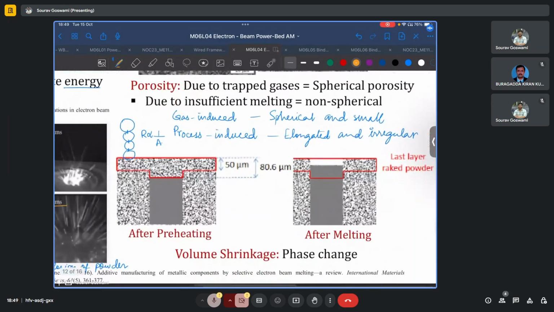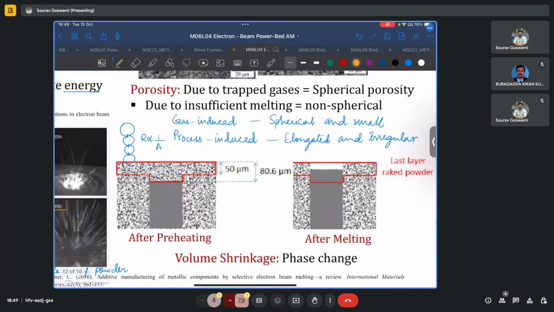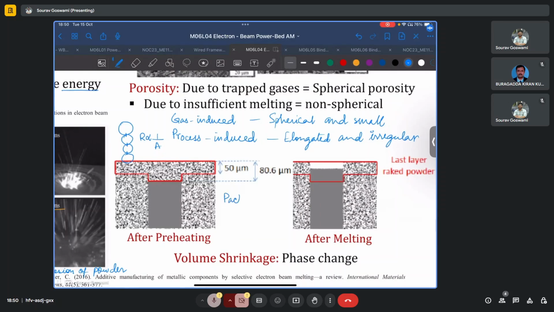Another set of defects can be due to volume shrinkage, and this is typically because of the phase change from liquid to solid. So when we are having a powder bed or when we are spreading a new layer of powder, it will have a certain packing efficiency or packing density.